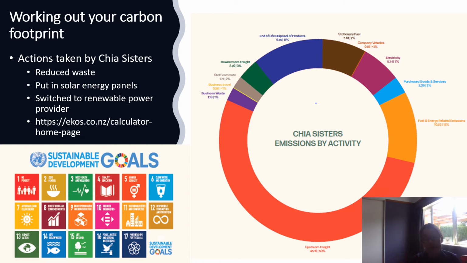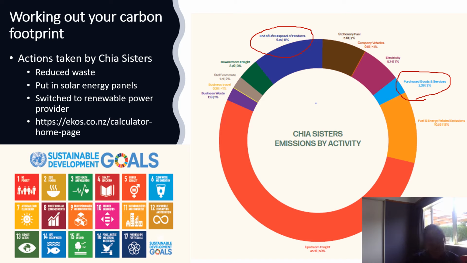Another company in New Zealand, the Kia Sisters, they've used the sustainable development goals, and they've really looked at what is their carbon footprint for purchasing the goods and services, what are they doing with the end-of-life products, where do they dispose them, do they go into the landfill, and how can they reduce and really bring down their carbon footprint.